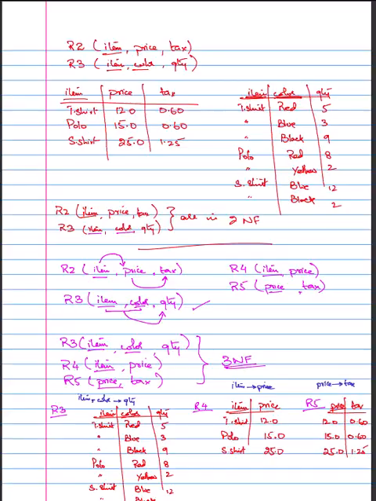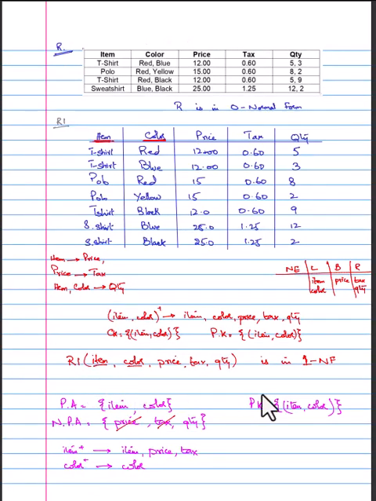Remember one thing, if we left the table here, this one table with this relation, this is not incorrect. But this is in first normal form.